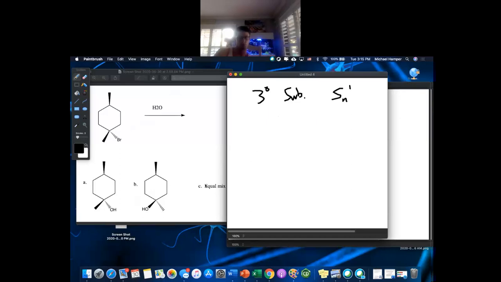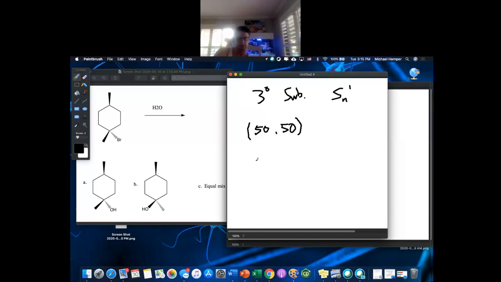Both is right. And going back to chapter 5, does anybody remember what we call an equal mixture of something? If you have one product and an equal amount of the other, a 50-50 mixture? Yep, Dylan, you're right, racemic.